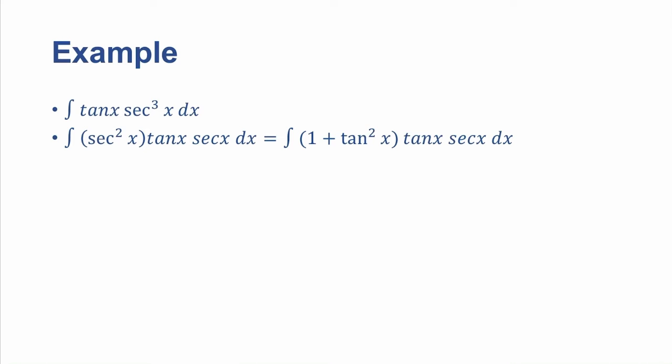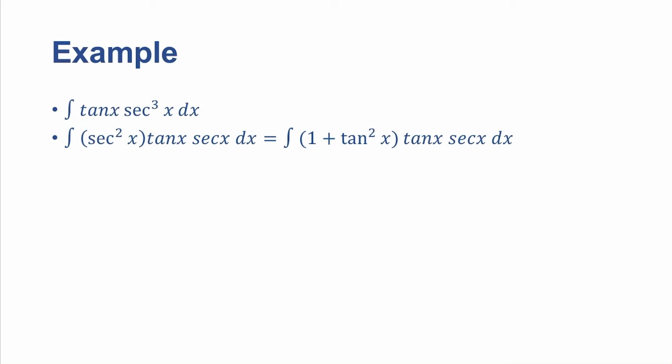Now this is easy because we just need to apply that Pythagorean identity, and then we're going to be all set. We say that the integral of the secant squared of x times the tangent of x, secant of x dx is equal to the integral of 1 plus tangent squared of x times tangent of x and secant of x.